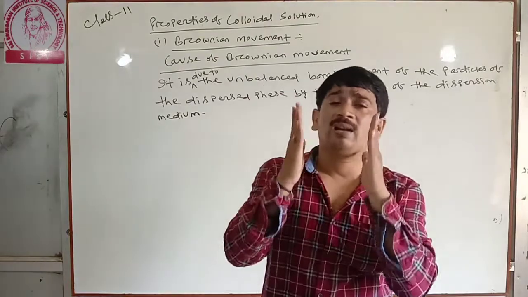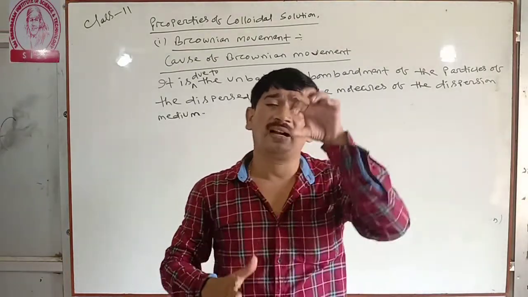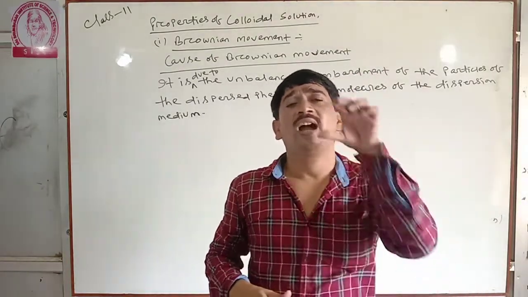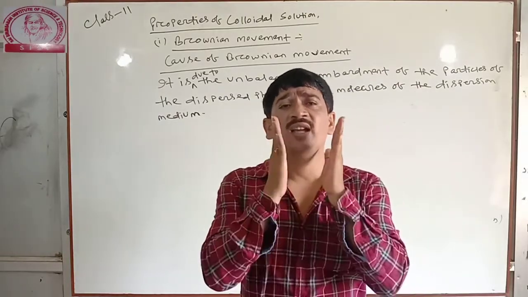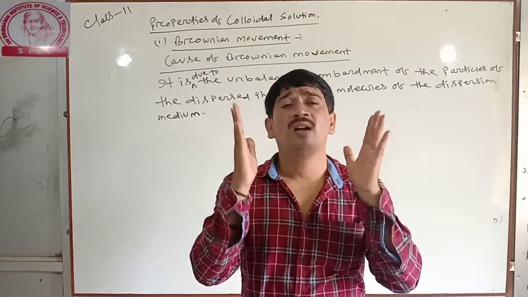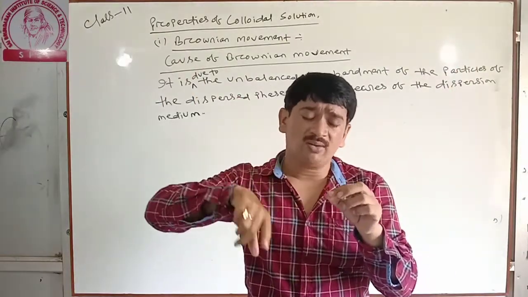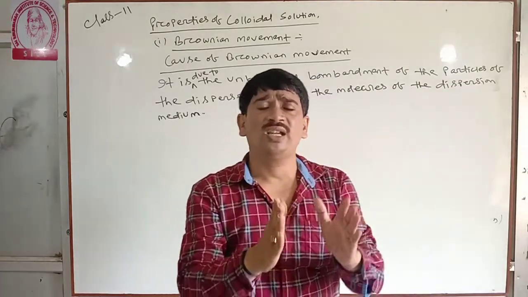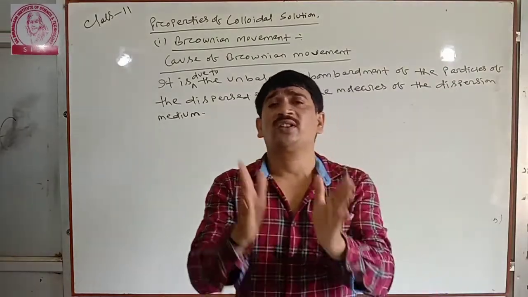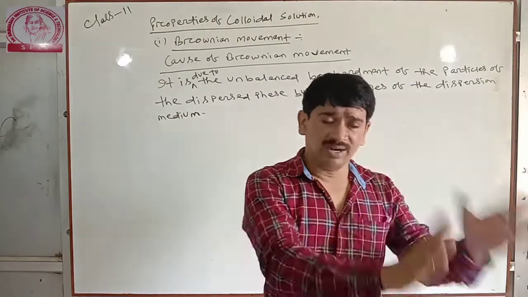It is due to the unbalanced bombardment of the particles of the dispersed phase and particles of the dispersion medium. So this is the main cause of the Brownian movement.